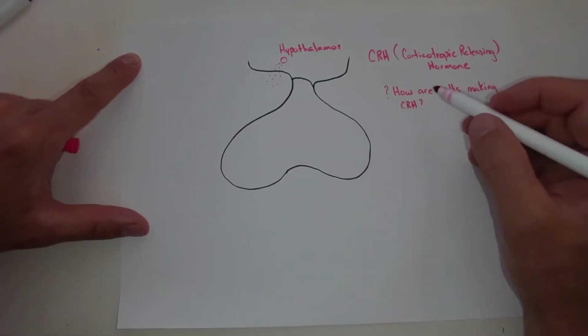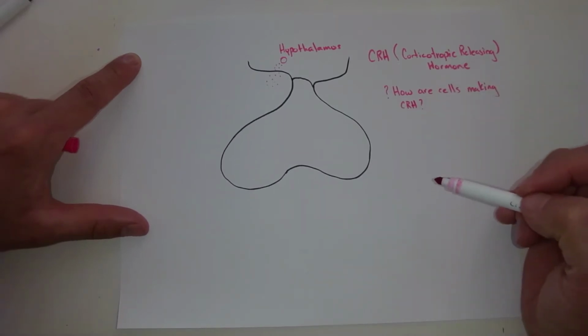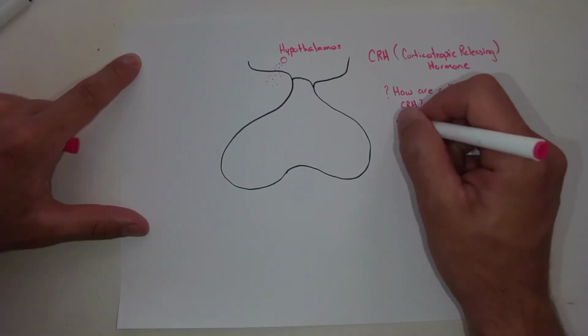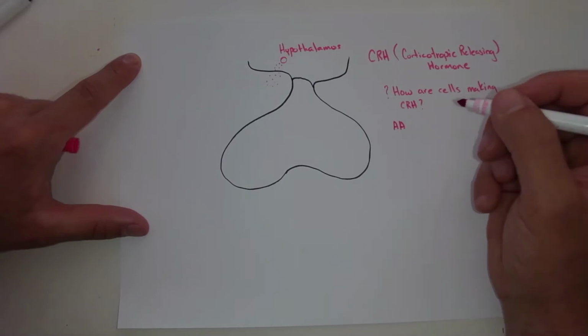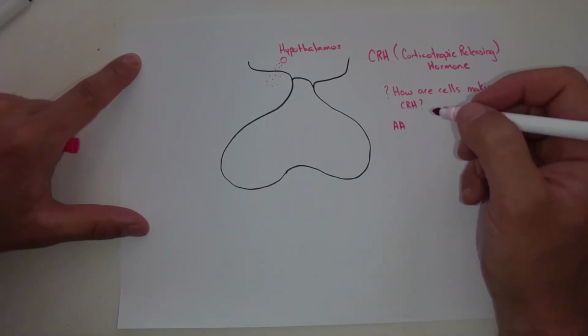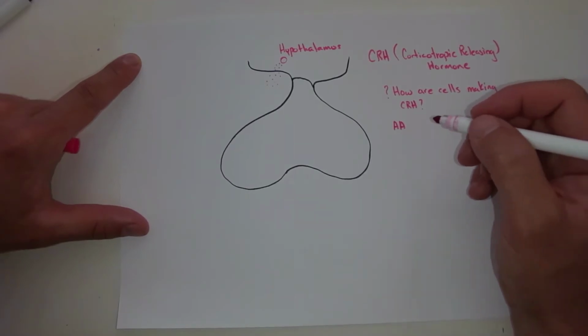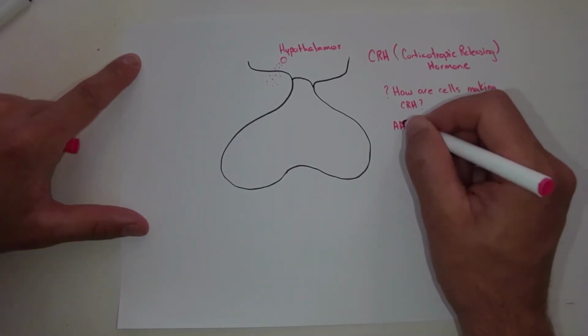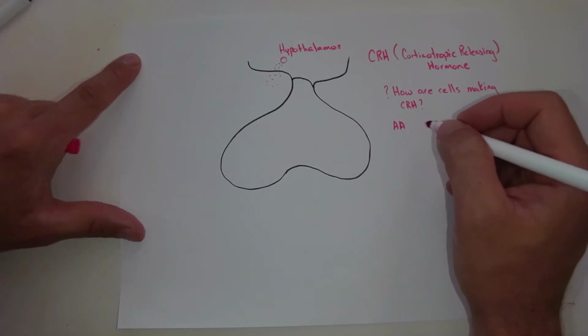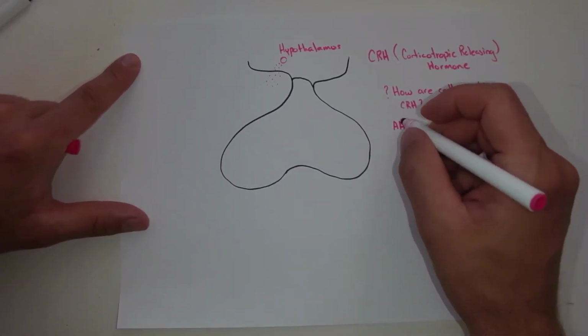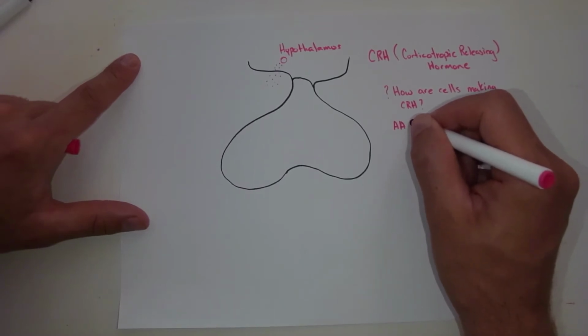And to answer that question, we first need to identify the chemical class. And I know that this one is an amino acid based hormone. If it's peptide or protein, I'm not overly concerned about that. Those are made from amino acids as well. I'm not concerned about the length so much. You can get into those nitty-gritty details if you go into endocrinology. But it's an amino acid based hormone.